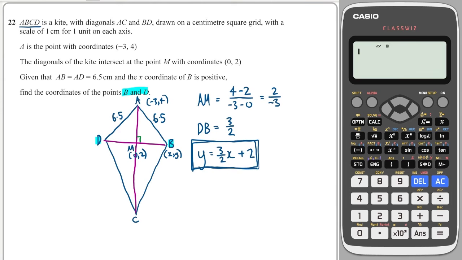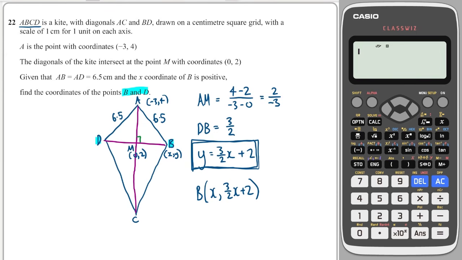So that means that I could write B as whatever the x coordinate is, the y coordinate is equal to 3 over 2 times the x coordinate plus 2. I know that because B is on the line where the y coordinates equal 3 over 2 times x coordinates plus 2.